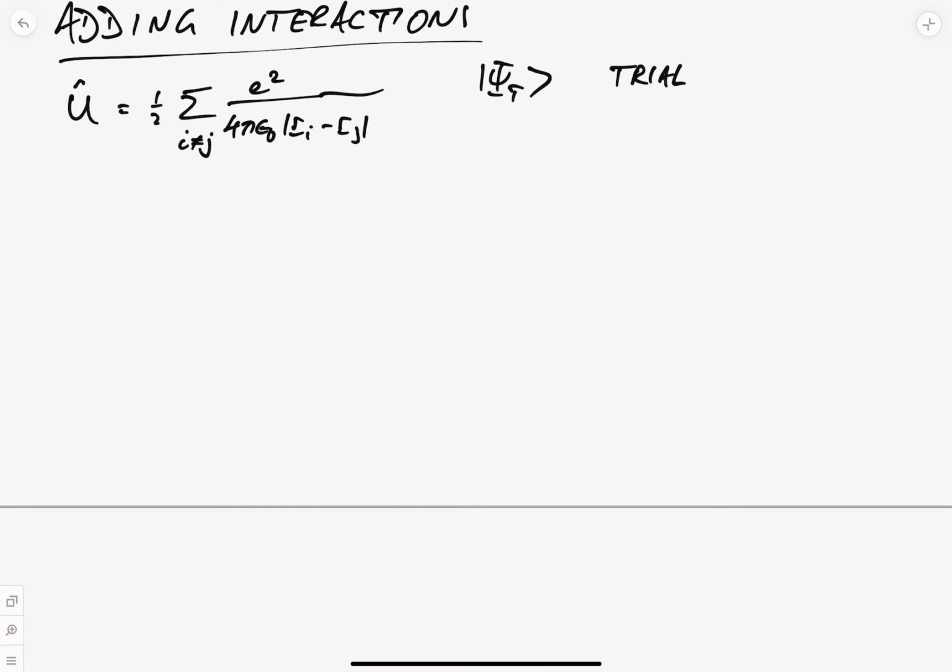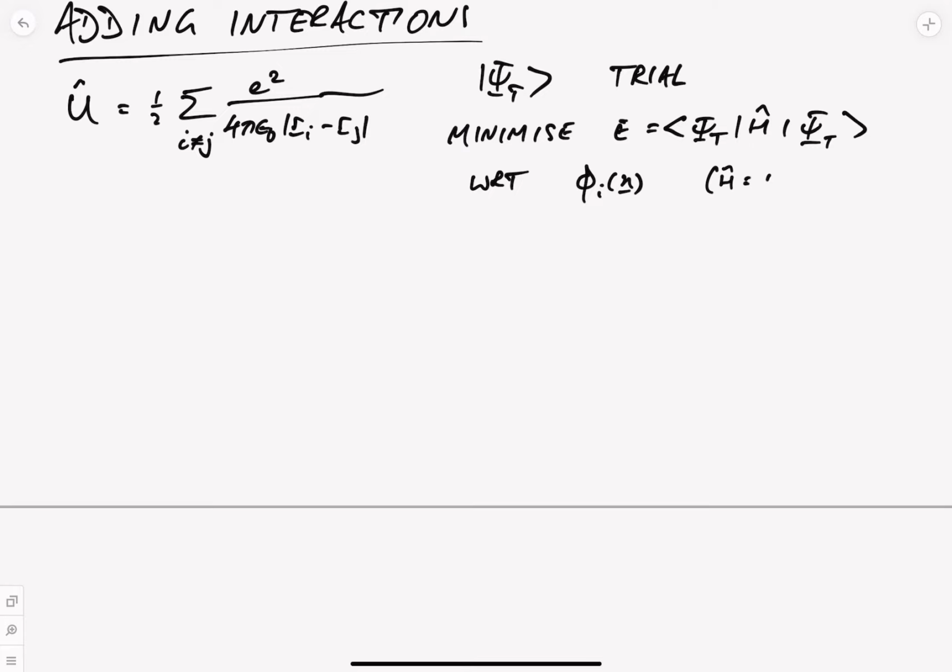It's going to be made up of a combination of single particle orbitals, and then we will want to seek to minimize the energy E, which is just the standard expectation value of psi t H psi t, with respect to the single particle orbitals phi i of x that make up our trial wave function. Notice that we can write H is equal to the kinetic energy T plus the interaction operator U.